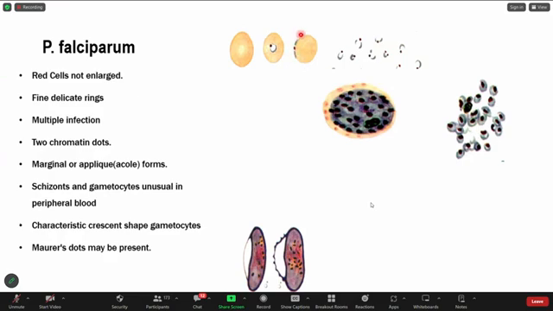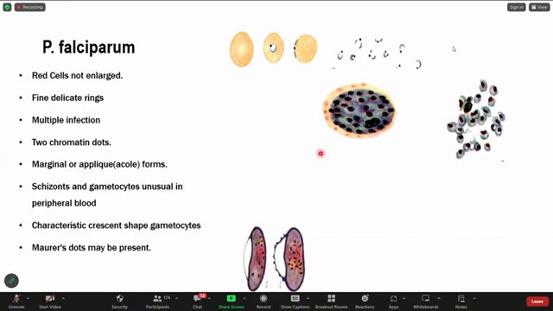Then the marginal forms of the parasite that is on the surface of red blood cells, what we call accolé forms. It is common, but it is better seen in a thin film, and it is a common feature of P. falciparum. Then the schizonts and gametocytes are rare, but in the schizonts of P. falciparum the cell size is not altered, and they have numerous merozoites inside them.